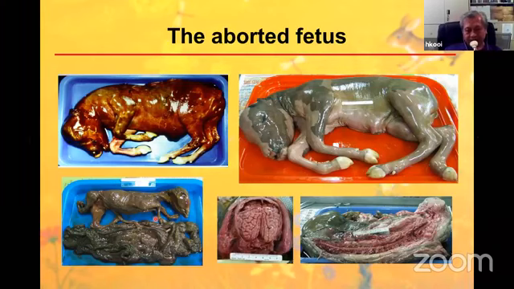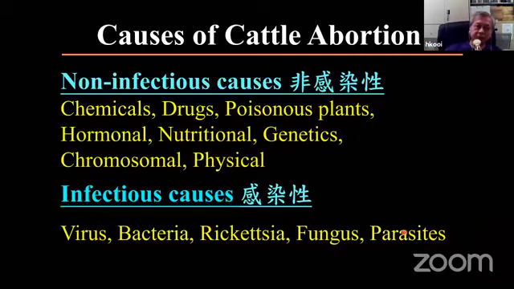It stays in the womb, gets absorbed and dehydrated, so it is mummified. I've been working on Neospora, and in Neospora we look at the fetus brain. There are no changes at all in the fetus brain and even in the spinal cord. So let's move on.